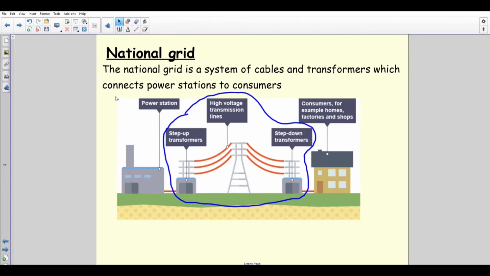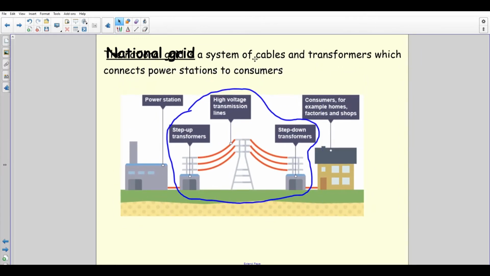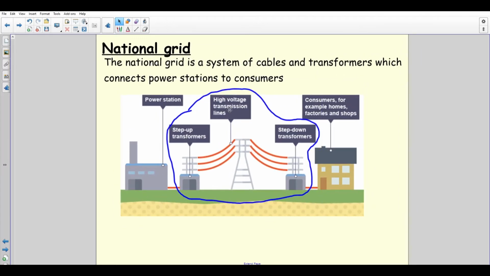Now there's a few things you need to remember for these, mostly about the transformers to be fair. The high voltage transmission cables, just really quickly, have a very low resistance to allow as much current to go through as possible. Now we just talked about with the fuse that when the current gets too high, the fuse melts. That's because high current causes high temperatures.